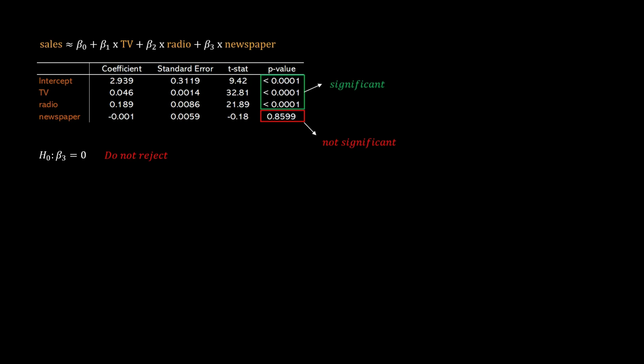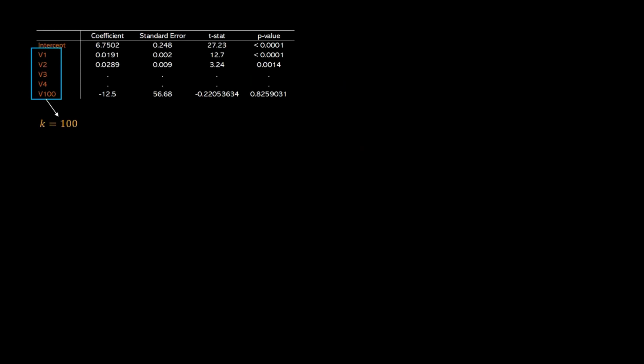especially when there are a large number of variables in the model. Why is that? Let's say there are 100 regressors. Since p-value takes a value between 0 and 1, assuming that p-value is a uniform random, there is 5% chance that p-value will be less than 0.05.